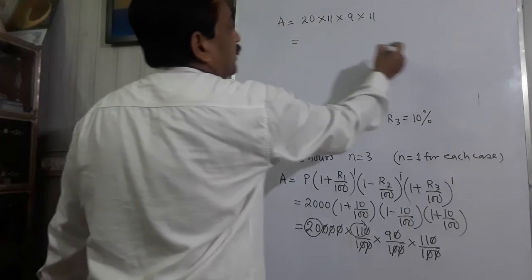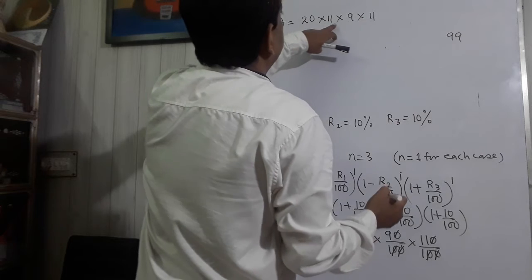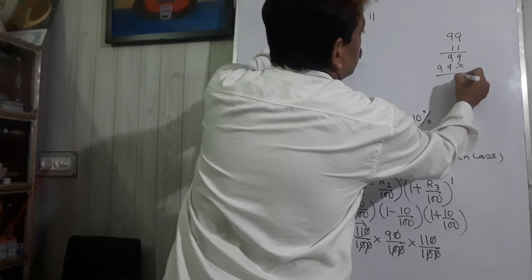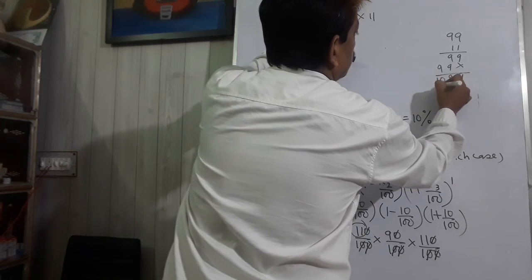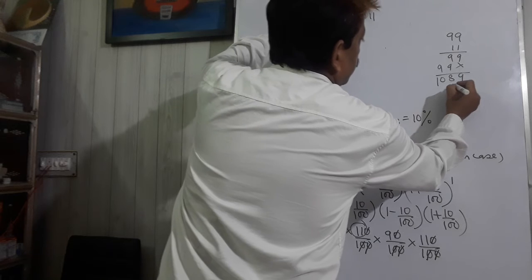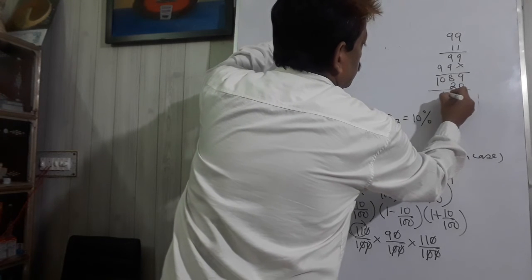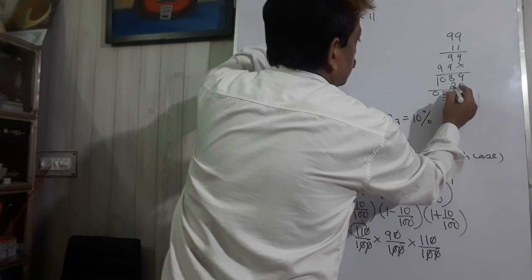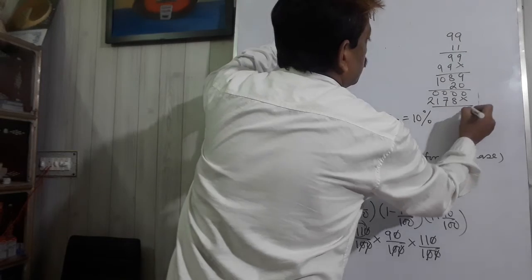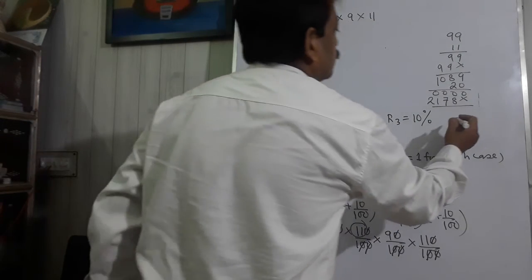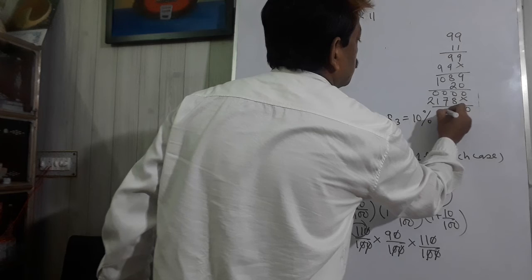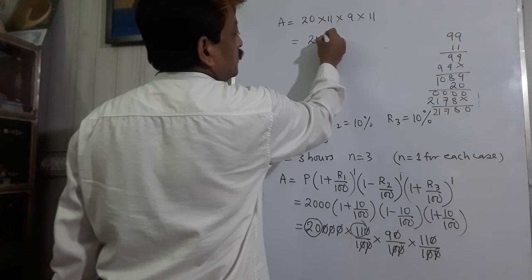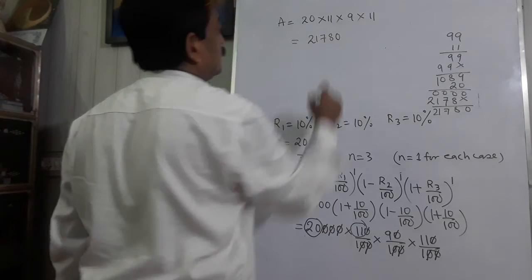So 11 nines are 99, 99 into 11, and then into 20. So 21780.